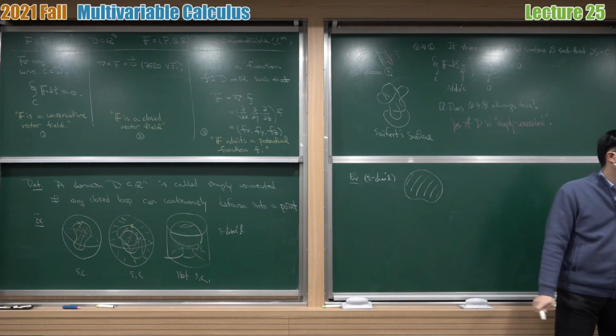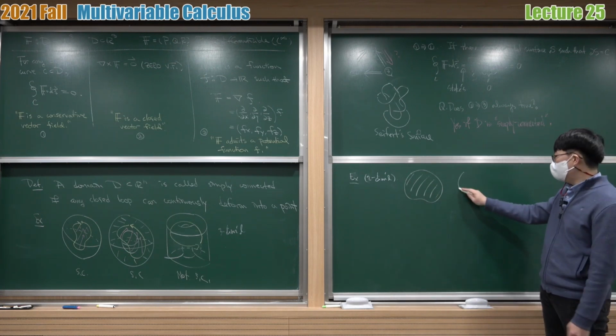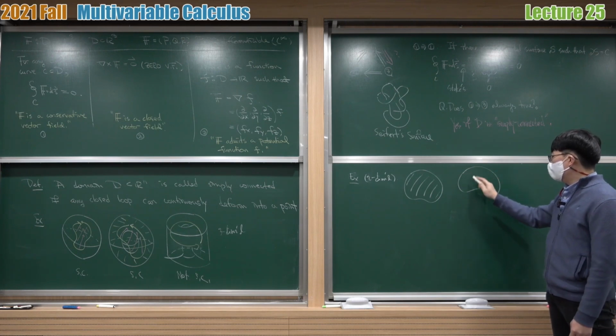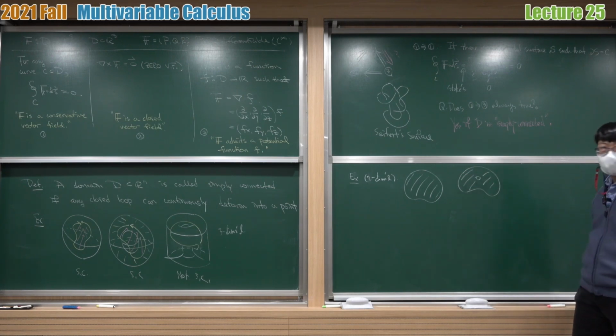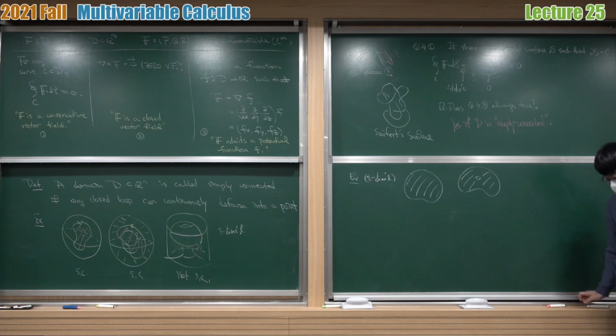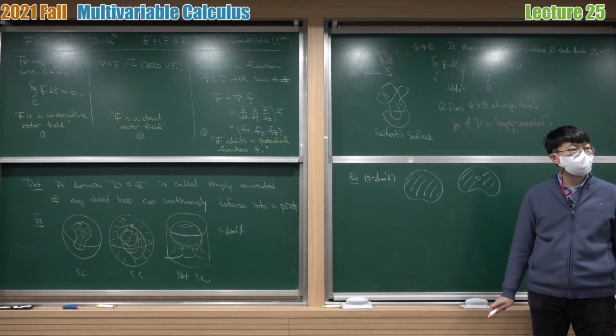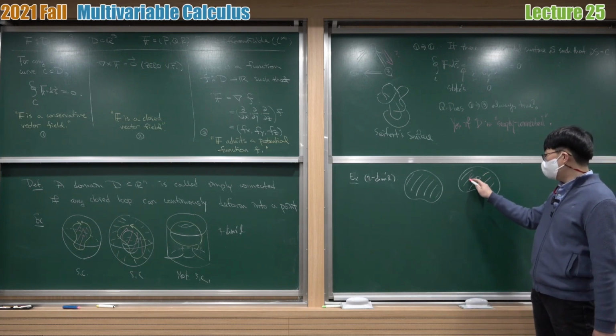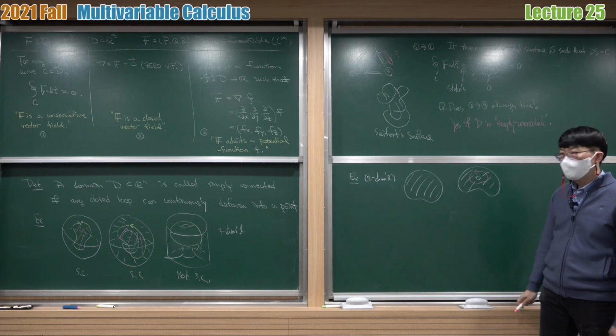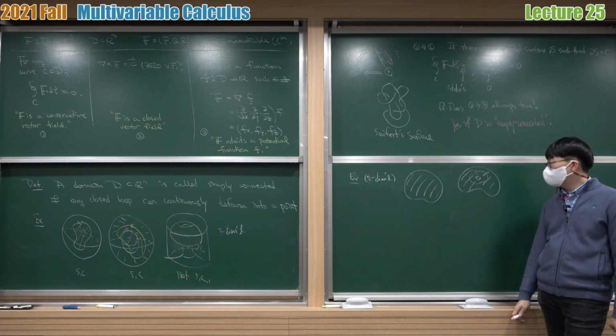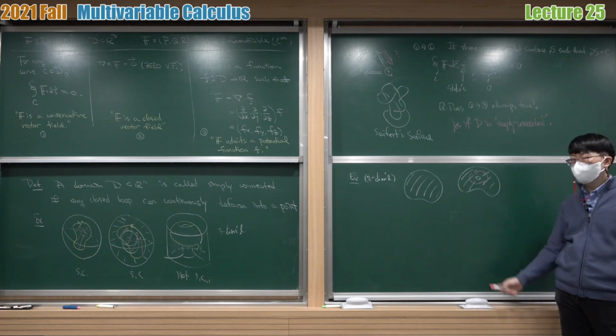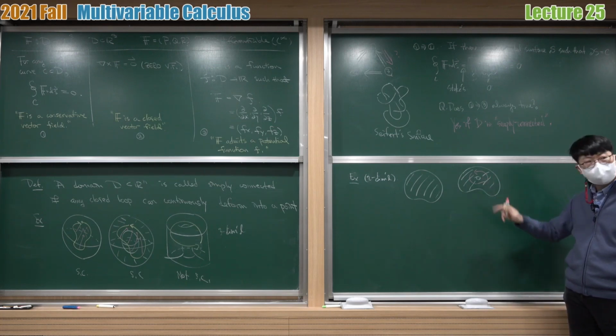This is simply connected. What if I have one point missing? Is it simply connected? It's not simply connected because if I have a loop around this one missing point, then I cannot shrink it into one point continuously because I have to jump.